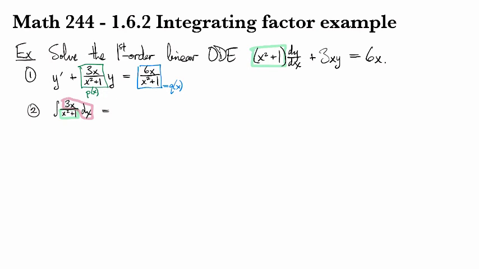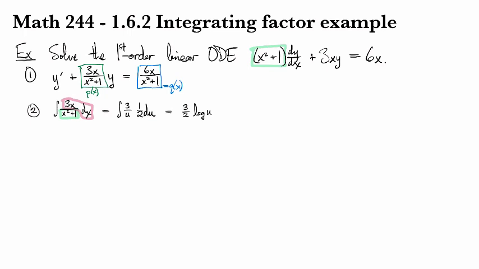So I will go ahead with that, and doing that u substitution, I get the integral of 3 over u times 1/2 du from the 2 that comes down when I differentiate u. And so that's 3/2, and then the integral of 1 over u is log u.